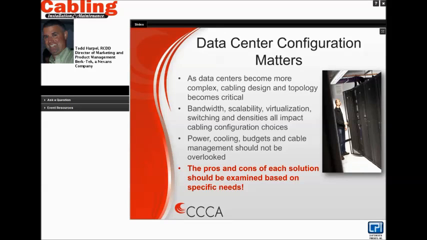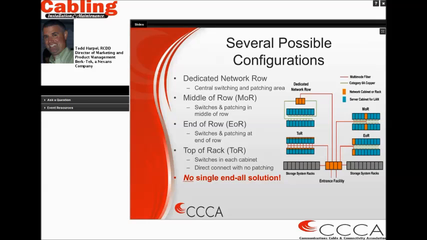But what we're really talking about today is the pros and cons of the different solutions that are available for the data center today. There are several configurations that are commonly referred to when we talk about data center infrastructure design. There's the dedicated network row, where you have central switching for your network that's connecting all of the components of your data center, and that incorporates a patching area for making those various connections.